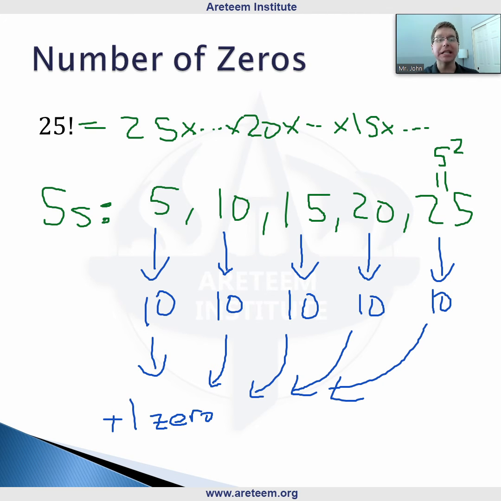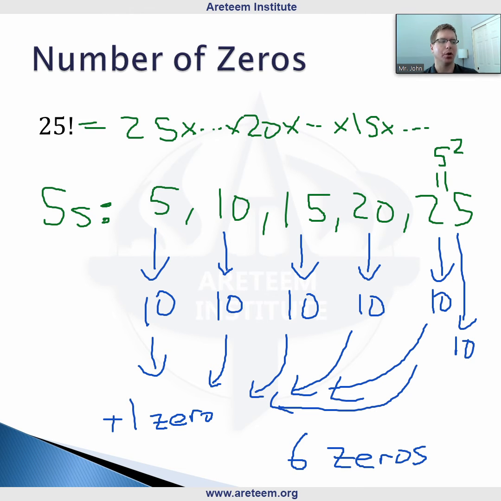So we actually get 2 5s, right? 25 is 5 times 5. And so we're going to actually get 2 of those 10s from pairing up with 5s in that case. So we actually here get 6 zeros, which is exactly what we expected. That was exactly our answer from earlier.